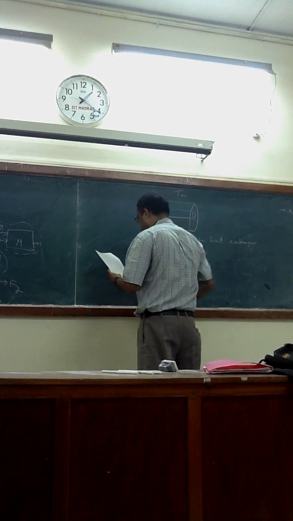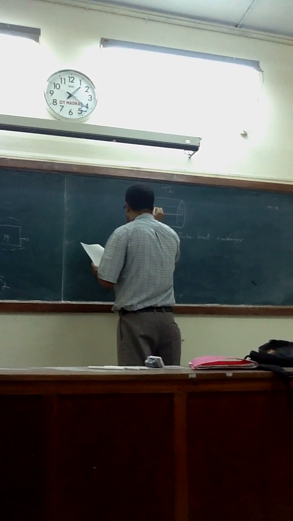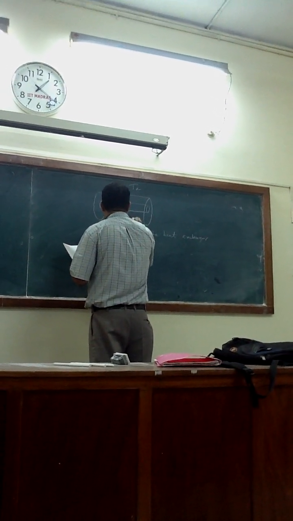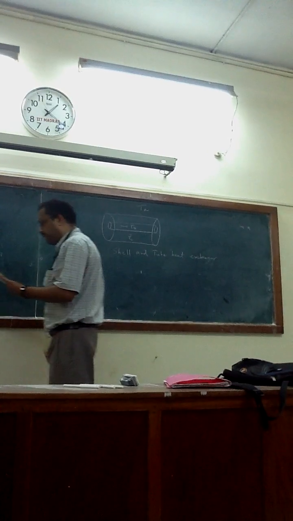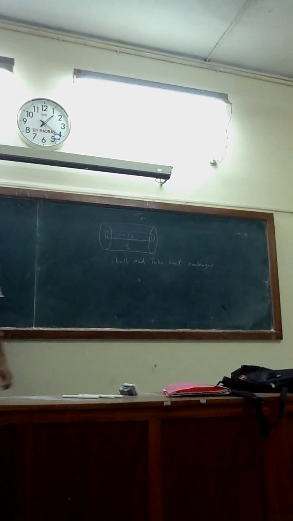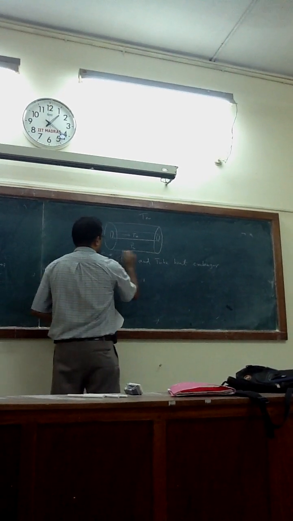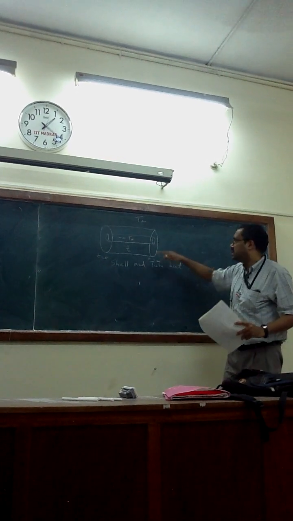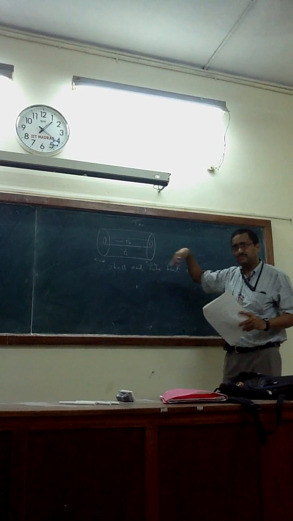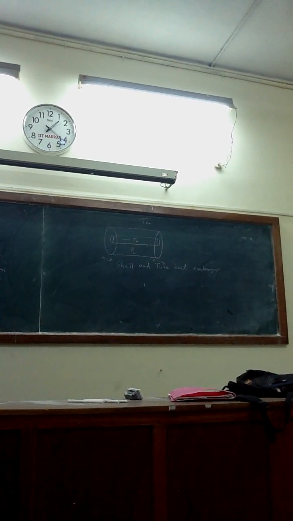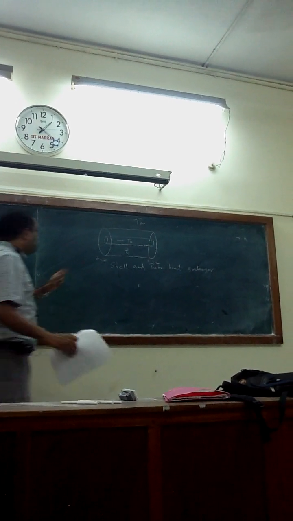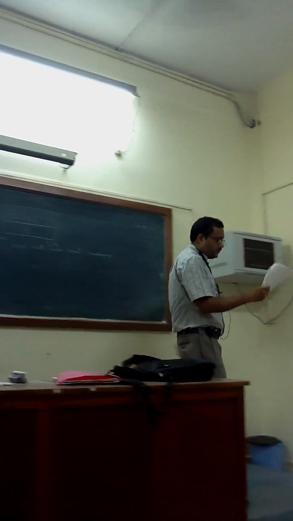Ambient temperature, hot fluid is going, cold fluid, same direction, no problem. It is Z equal to 0, Z equal to 12. So the internal tube has the hot fluid, there is a tube and there is a shell, right? If you want to see the diagram properly, internal is tube, outer is shell. The shell has the cold fluid and the tube has the hot fluid.